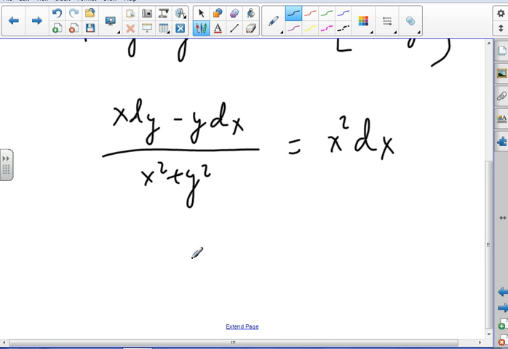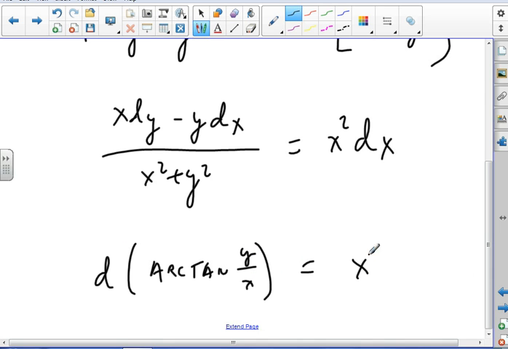I turn the page over, and if I have x dy minus y dx divided by x squared plus y squared, that's the arctangent guy. So this can be substituted with the derivative of the arctangent of y over x is equal to x squared dx.